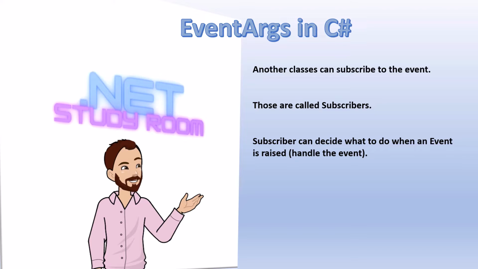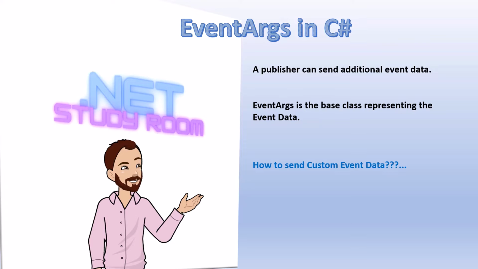Classes which are interested in knowing when an event occurs can subscribe to the event. And when the event is raised, the subscriber can handle the event by taking desired action. The publisher can send additional event data to the subscriber, using the special EventArgs class. And now, we are going to learn how to derive the EventArgs class, to send custom data to the subscriber.